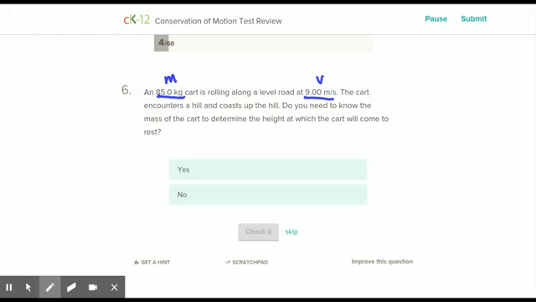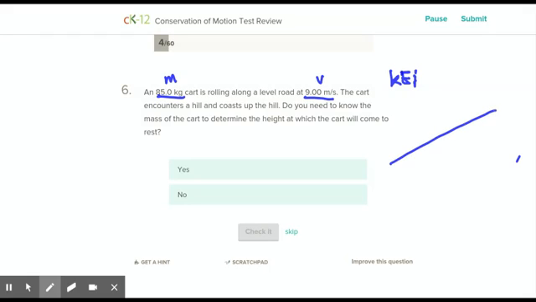Okay, so you don't really need to know the mass because basically it was telling you that the initial kinetic energy, or mechanical energy, is Ki, because when the cart starts rolling, it has no potential energy.